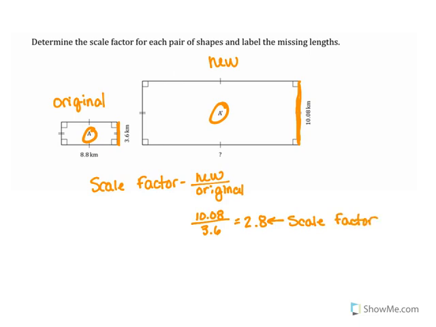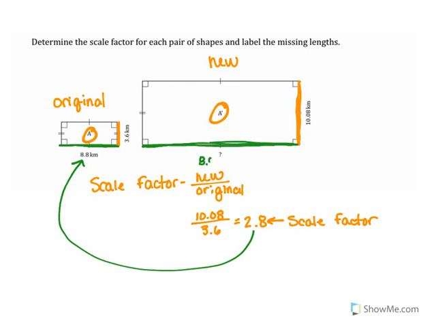Then we have to use that to find the question mark on the other side. So these green sides go together. This is just like when we're doing a dilation and we multiply by that number. You're going to take this number and multiply by this one, because we're going from our original to our new one. So this one's going to be 8.8 times 2.8. Or we can do this with parentheses. That looks a little nicer.